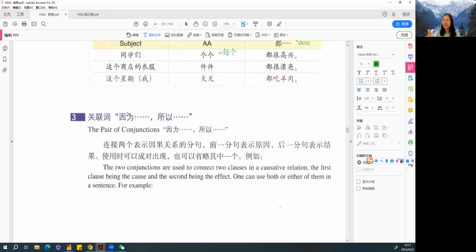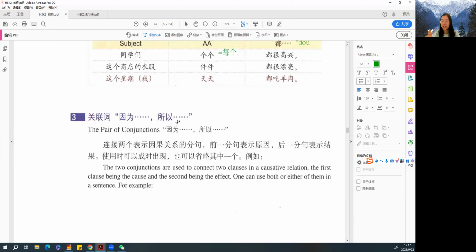All right, here is 因为 and 所以 for the conjunction here. So we have already talked about this. It's a very tight, very tough combination. You'd better not separate them as in the tradition in English or in German. In Chinese, they are always together.